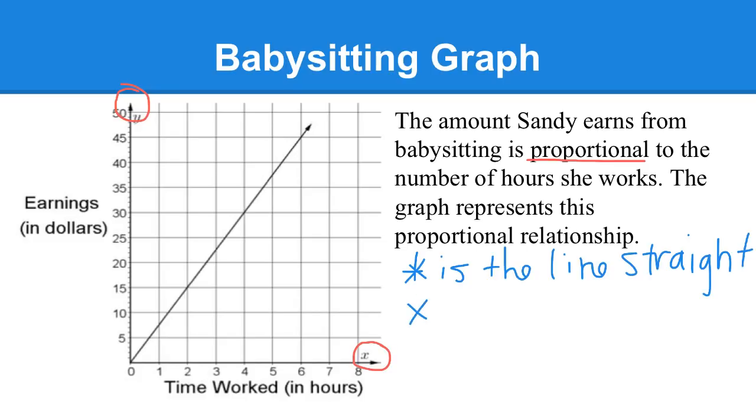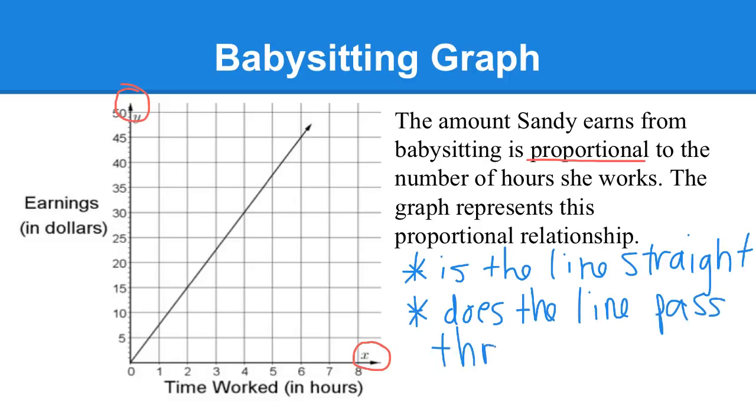The other part, does the line pass through the origin? If your line in your graph is both straight and passes through the origin, which is right here, it is proportional.